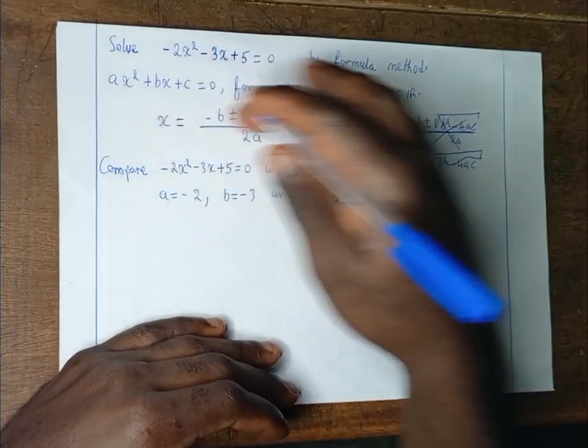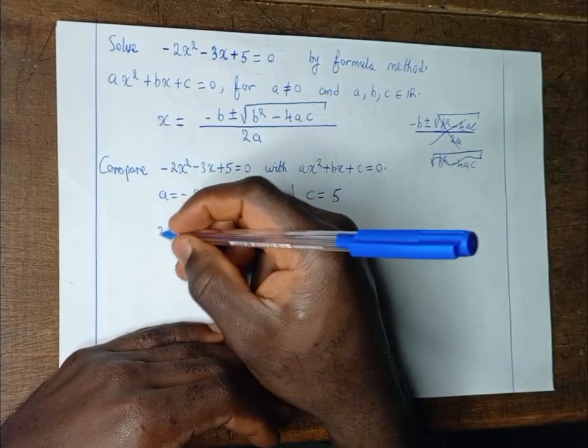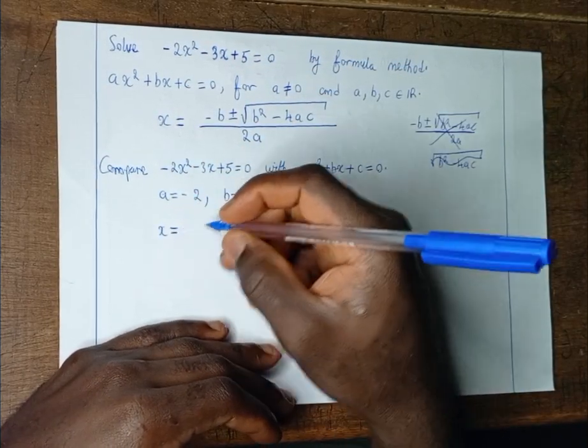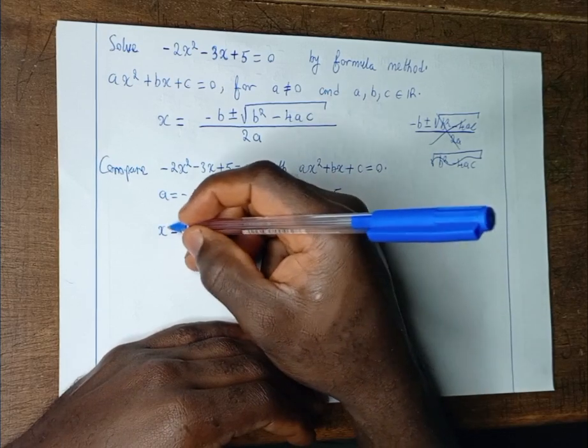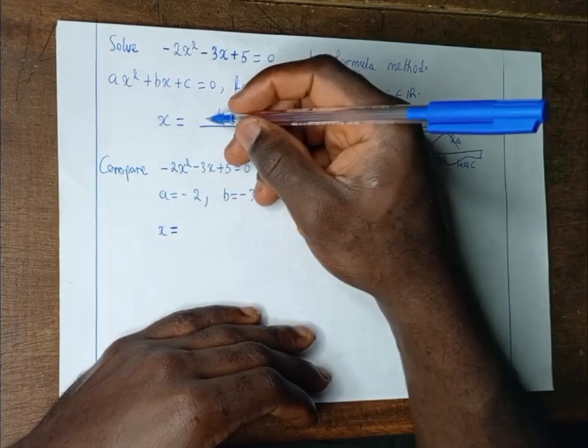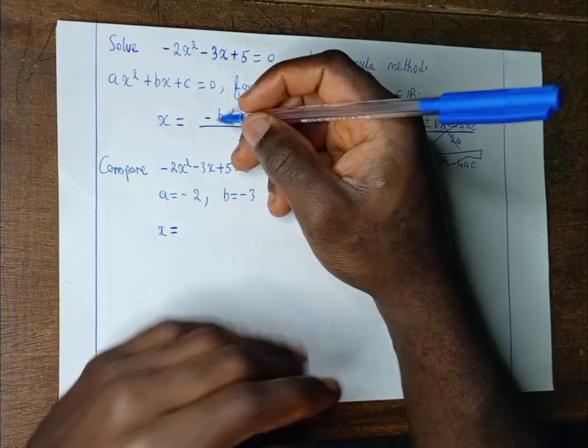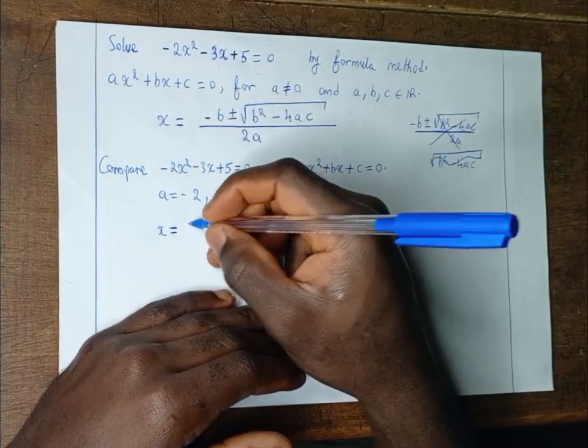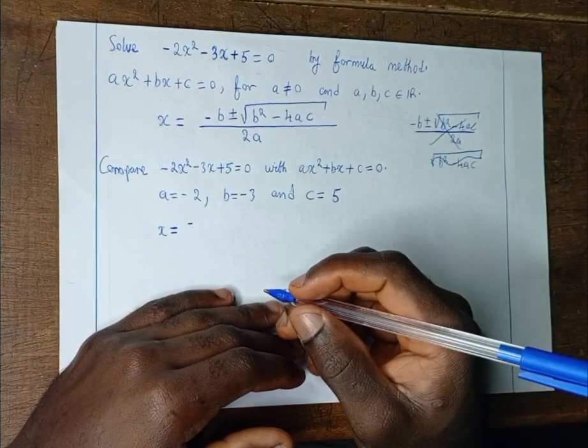So by making use of our formula, this is the formula, x will simply be equal to, we are going to replace b is negative 3. Take note, from the formula we have a negative sign, so this negative sign must be there.